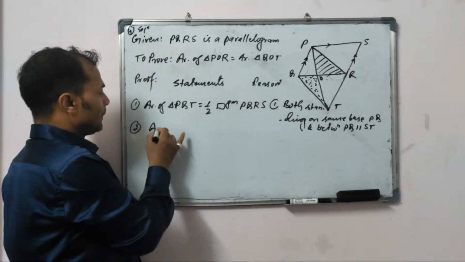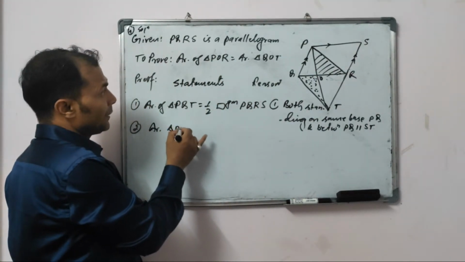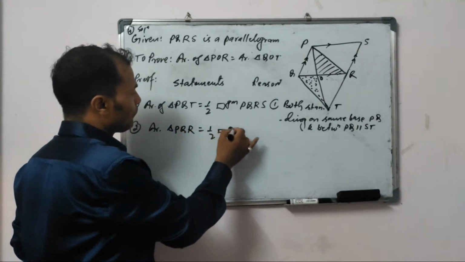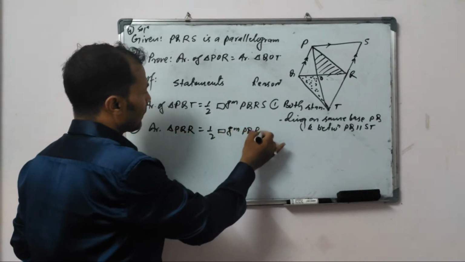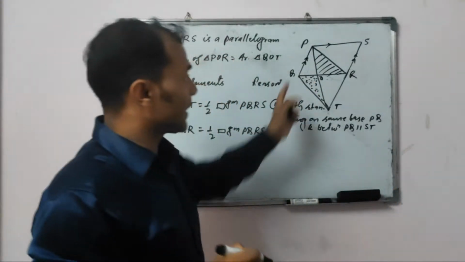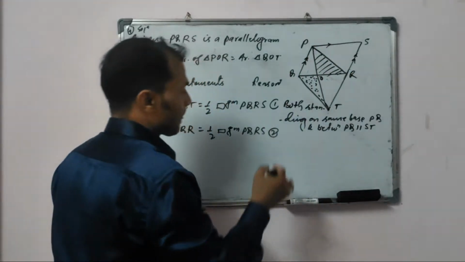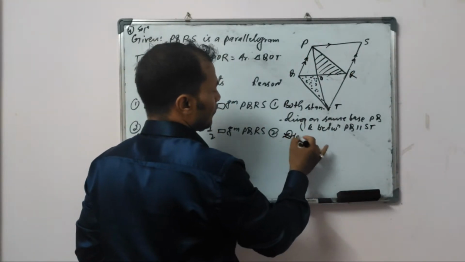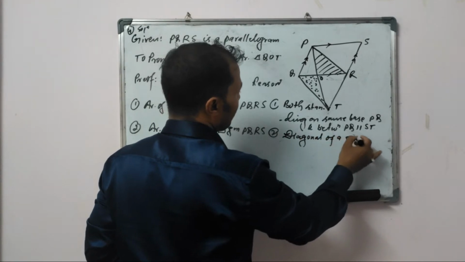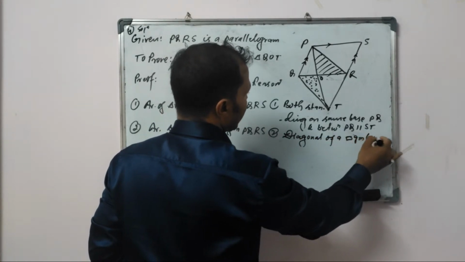So area of triangle PQR equals to half of parallelogram PQRS. What should be the reason for this? The diagonal of a parallelogram bisects it.